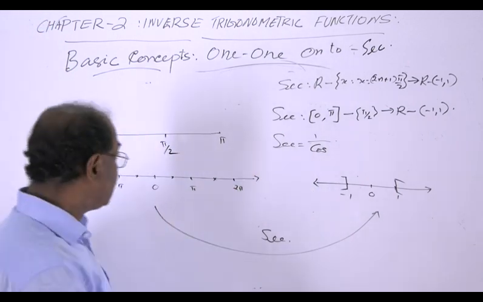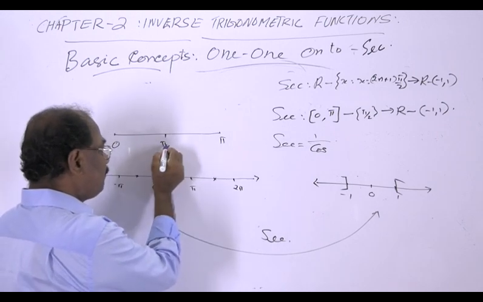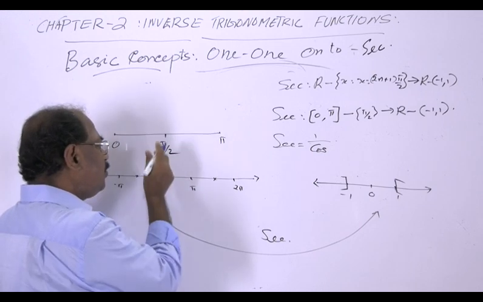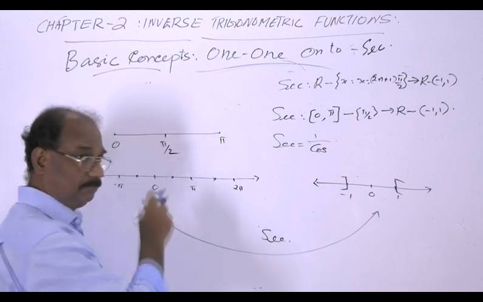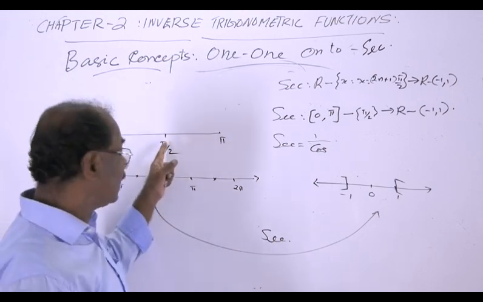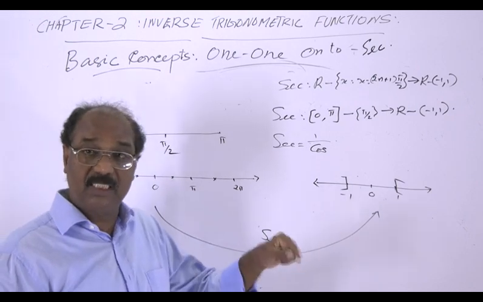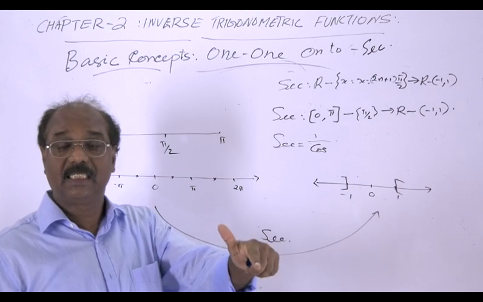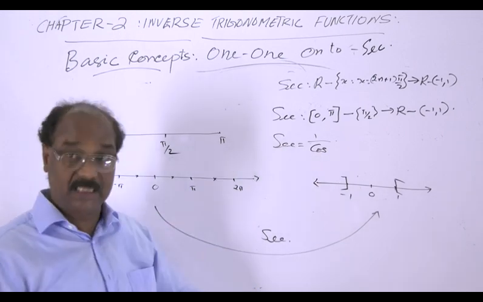Now suppose we advance towards pi from pi by 2. For a value near pi by 2 to the right, greater than pi by 2, the value comes in the second quadrant. In the second quadrant the cosine is negative, and therefore secant is also negative.